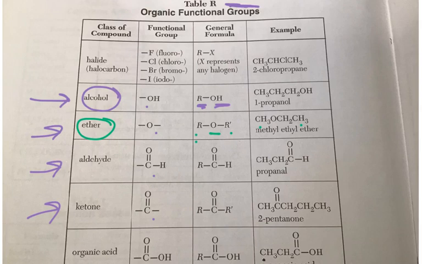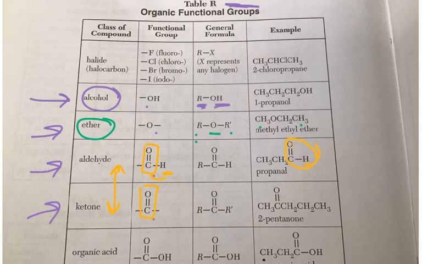Now, how do I differentiate between aldehydes and ketones? Aldehydes have this group. It's called a carbonyl group, right? Ketones have a carbonyl group, all right? But the biggest difference between them is that aldehydes always have a hydrogen next to the carbonyl group, and that aldehyde group is always at the end, okay? So the C double bond O carbonyl group with a hydrogen is always going to be at the end.